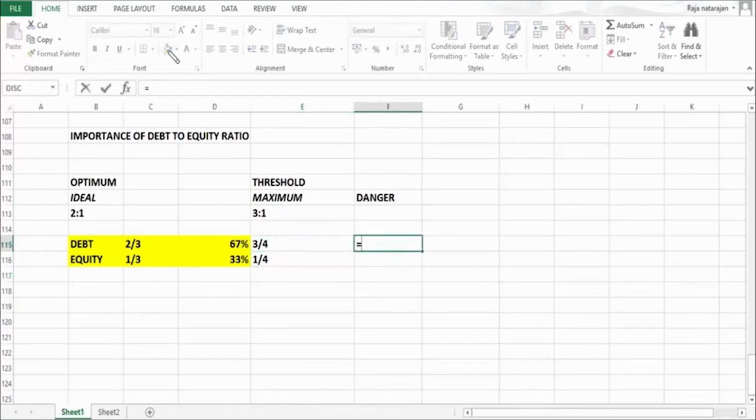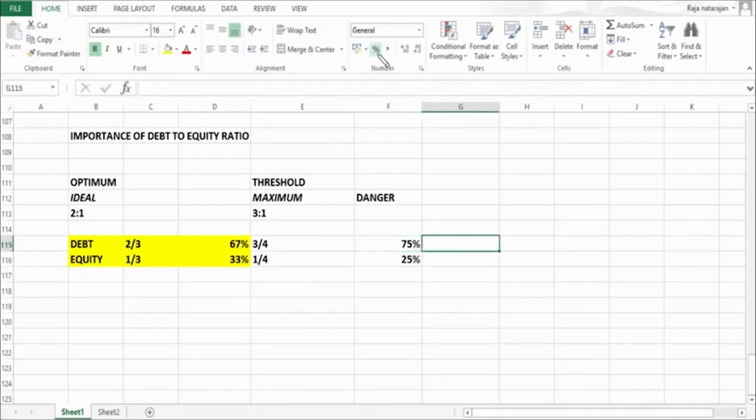When we say 3/4, it is 75% of total funds, and 1/4 means 25% of total funds. So when we raise debt funds in our capital structure, at the maximum the debt can be 75%. It means equity should be at least 25%. The bare minimum of equity has got to be 25%.